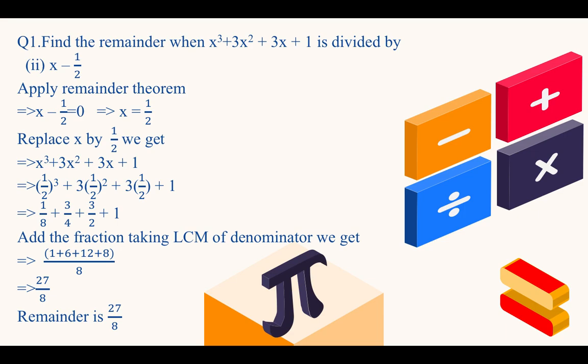On solving these fractions, taking the LCM of the denominator, we get 1 plus 6 plus 12 plus 8 upon 8, and the total comes out to be 27 by 8. So the remainder is 27 by 8. So since the remainder is not coming out to be 0, that means x is equal to 1 by 2 is not a 0 of this polynomial.